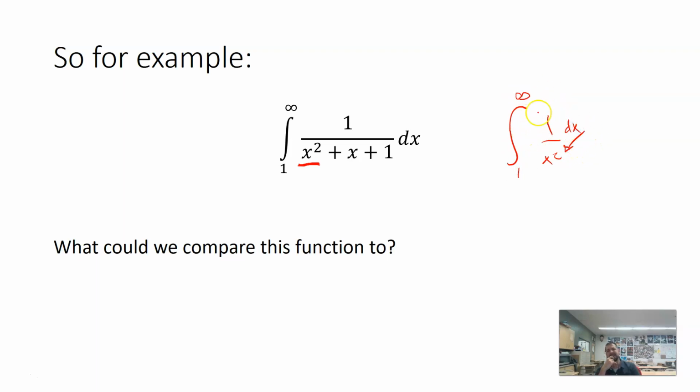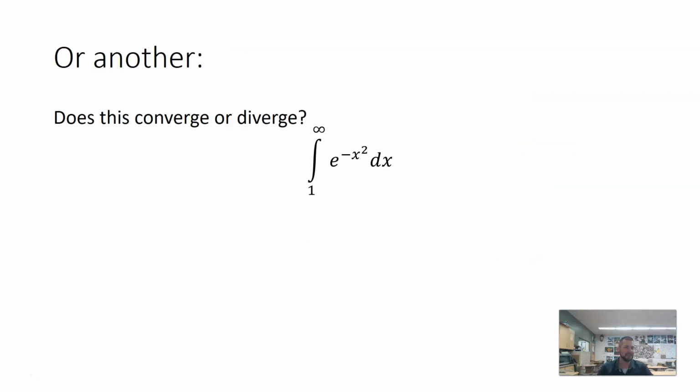Because this particular integral is convergent, so too will this one be. Now that doesn't mean we know exactly what this integral will be equal to, but I can say that this integral is going to be convergent due to the fact that I know that this integral is already convergent as well.